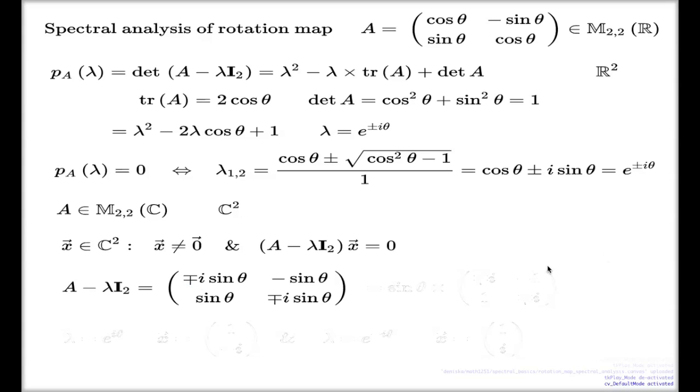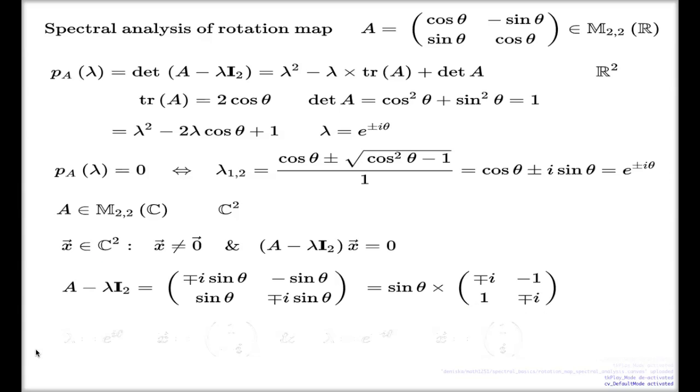Sine theta, obviously, is a common factor, which I will put in the front, and the remaining bits are these two matrices. And now I have to guess a non-zero vector, x, which will vanish such a matrix. You can, of course, do it via row echelon form analysis, but this time the vector can be guessed.